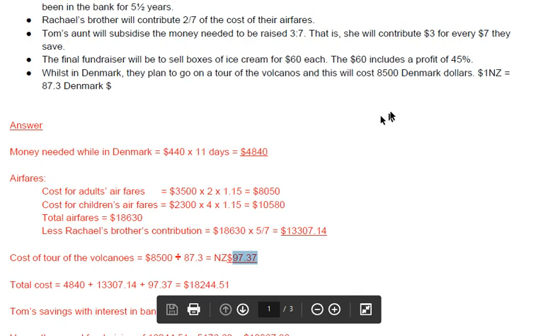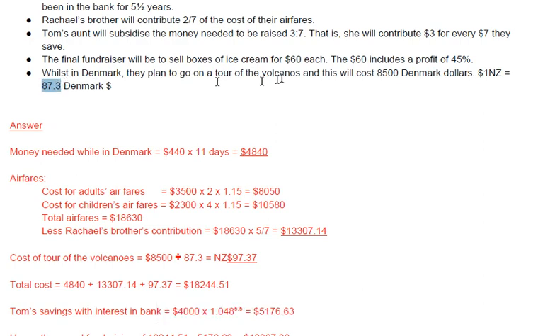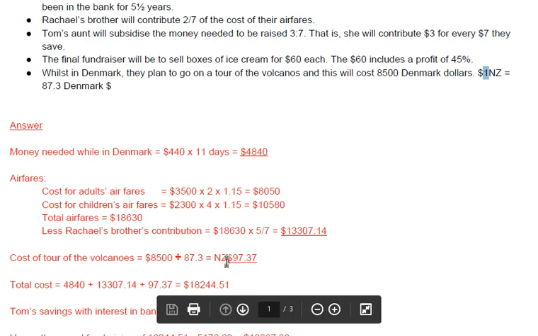Is that what we want? Notice that over here in the ratio, there are a lot more Denmark dollars than there are New Zealand dollars. So does that match what we've got over here? A lot more Denmark dollars, 8,500, and fewer New Zealand dollars. So yes, it does match. We want to match how that ratio looks.